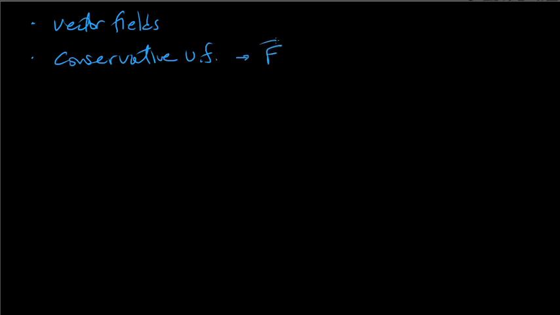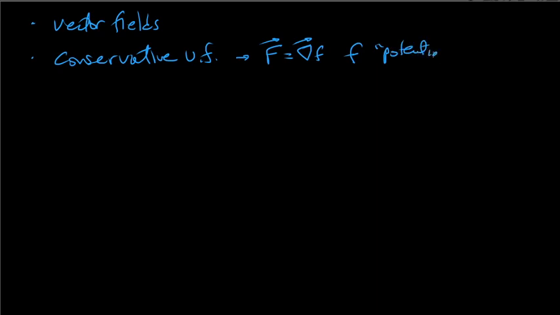So maybe I'll just give you a quick summary here. We talked about vector fields, obviously, it's the main topic here. Make sure you know what it means to be a conservative vector field. Conservative vector field, in particular, just means that there is a potential function whose gradient is that vector field. So f is the potential function.